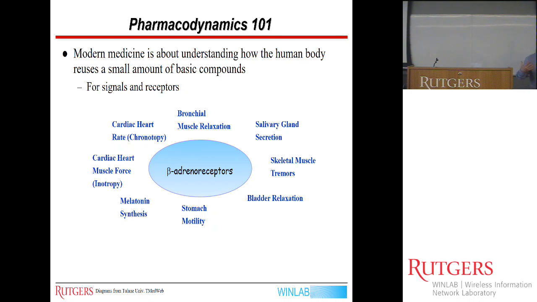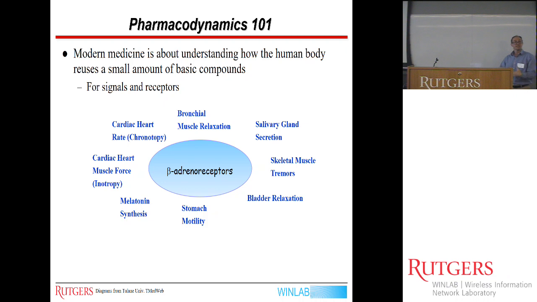The number of proteins being used and reused for multiple purposes inside our body, although larger than just div grad curl, is still quite limited. Here in this diagram are some of the different functions of our body that are affected by adrenoreceptors.